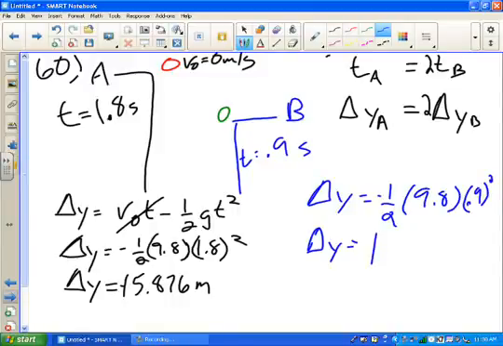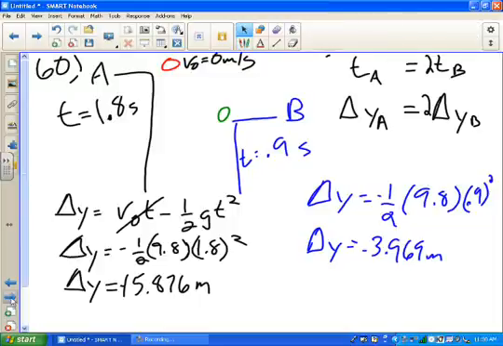It's actually almost 1/5. The actual answer is negative 3.969 meters. The negative sign represents the direction. In other words, the rock was displaced 3.969 meters in the negative direction.